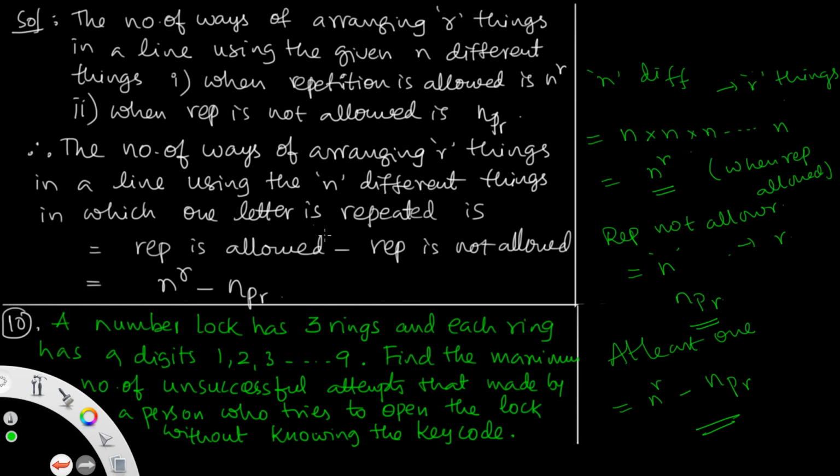So in the same way, question number 10: all have different wording, but the concept is the same. A number lock has 3 rings and each ring has 9 digits, 1, 2, 3, 4, 5, 6 and so on up to 9.